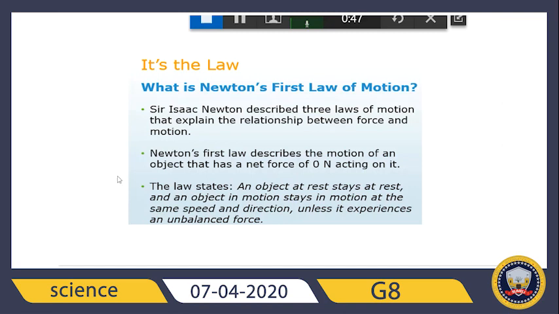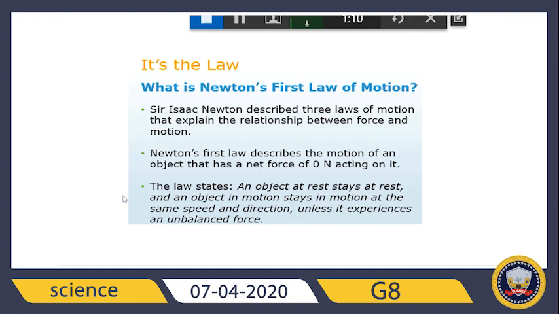As we said, Isaac Newton described 3 laws of motion that explain the relationship between force and motion. Newton's first law describes the motion of an object that has a net force of 0 Newton acting on it. What do you mean by that, guys?